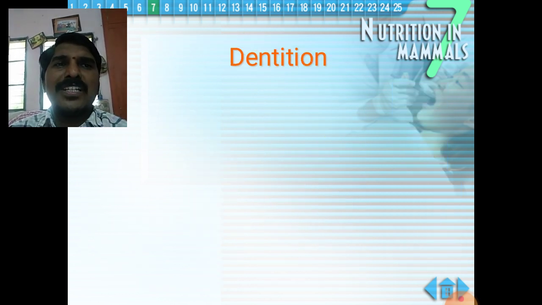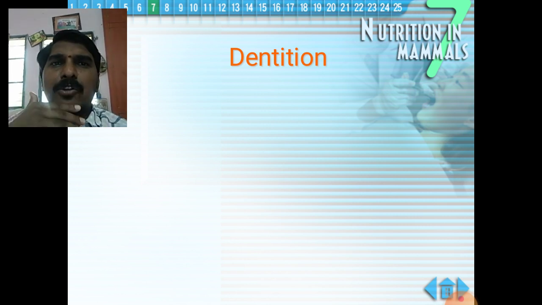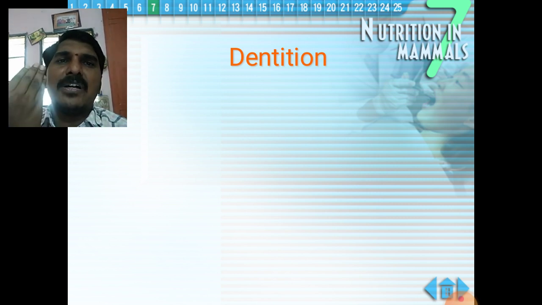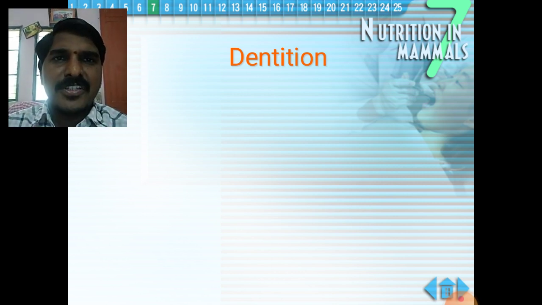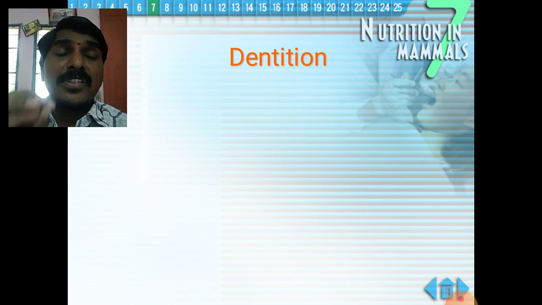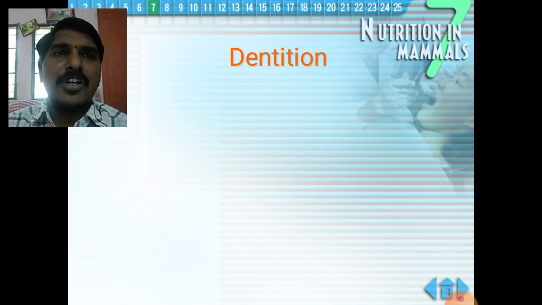Now, these teeth are arranged in two jaws, upper jaw 16 and lower jaw 16. Once again, half of the upper jaw, the left upper jaw, has 8 teeth and the right upper jaw has 8. In the same way, 8 teeth are arranged in each half of the lower jaw. This type of arrangement is called dentition. Dental formula is 2 1 2 3.